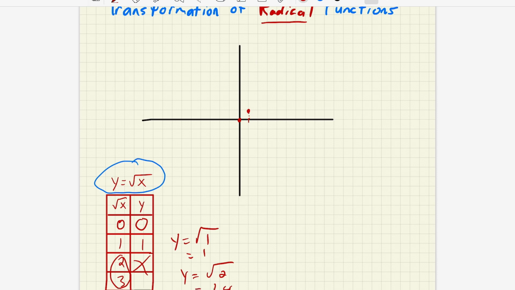And same with 3. If I input y is equal to root 3, that would give me approximately 1.7, and then several decimal points after that. So that as well, I'm not going to put as a value, because it's not easy and readable.